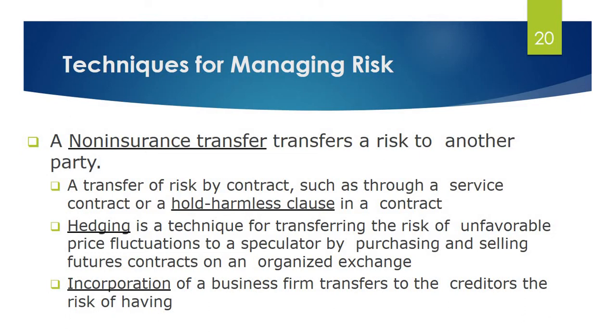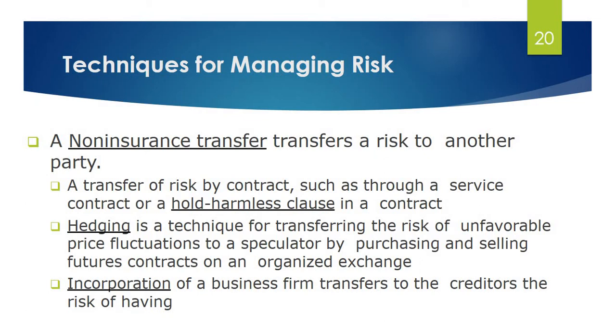There are also non-insurance transfers that can be used to reduce risks. Say for example, if you use hedging, that will transfer your risks to someone else as well. So hedging could be a contract, like derivative securities or futures contract, forward contract.